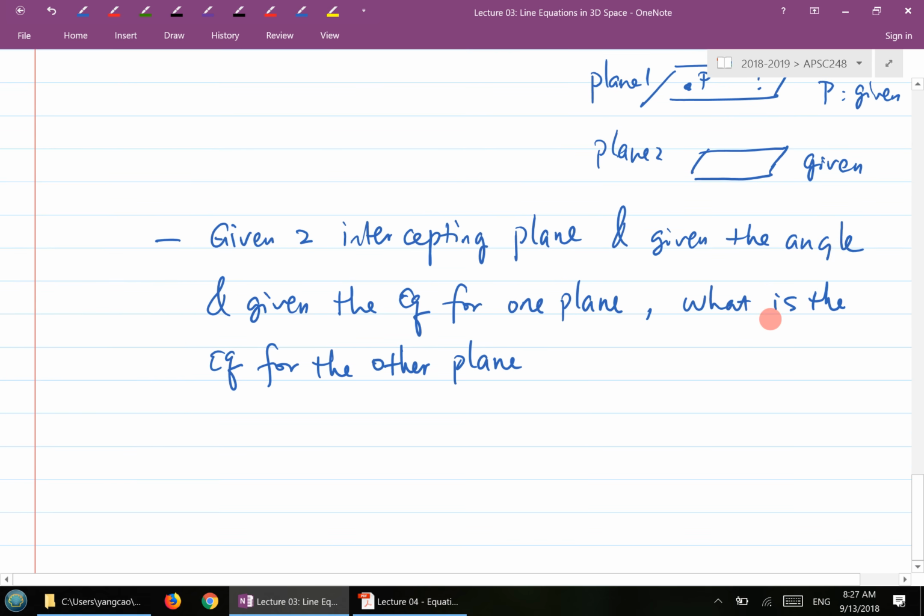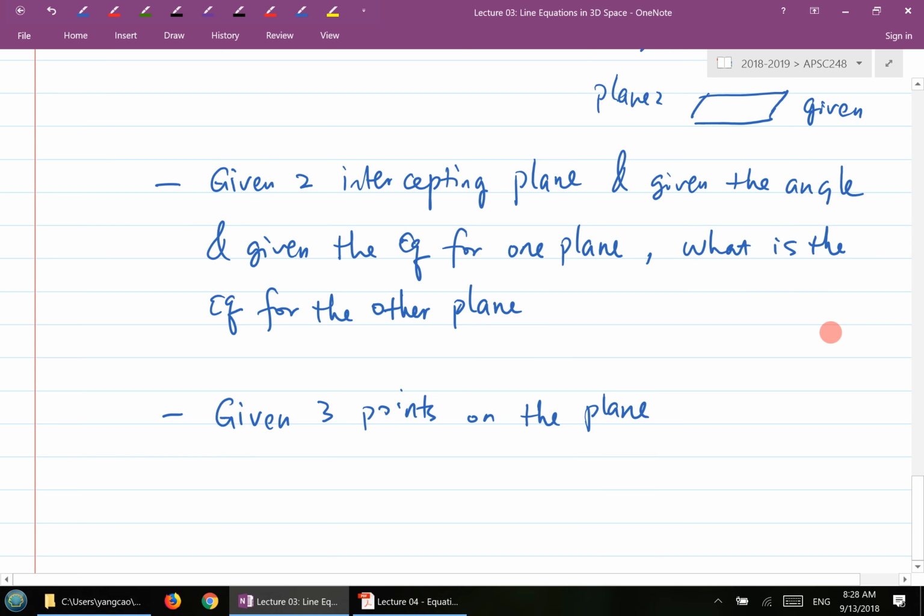So I'll list my easy ones. How about that? Given 3 points on the plane. So you have 3 points given and you're asking for a plane passing through those 3 points. That basically gives you a unique plane. How do you get that plane equation?